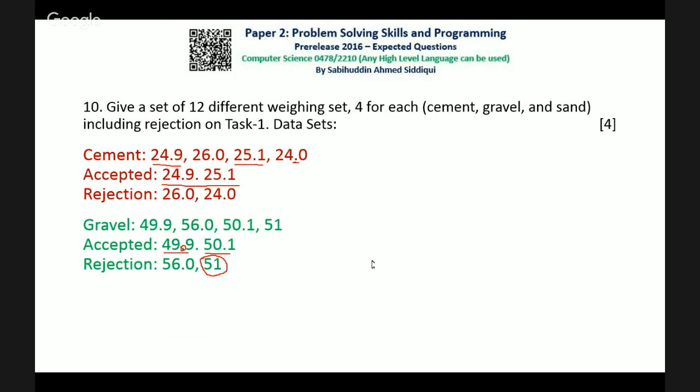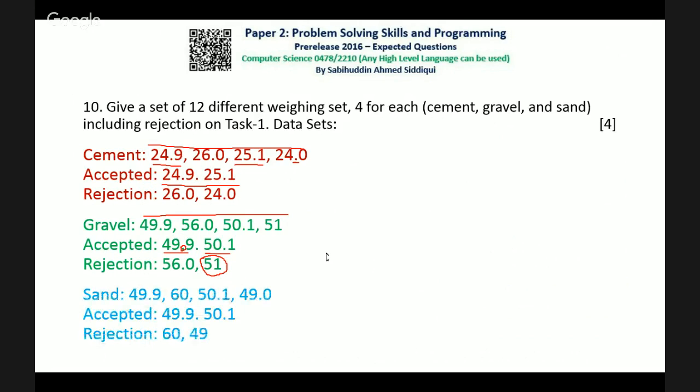So now the third set of data, 4 sets for each. You can see that this is the 4 sets for each, 1 2 3 4, and this is also 1 2 3 4, right? So now the third set is for sand, 49.9, 60, 50.1, 49.0, and the accepted data is 49.9 and 50.1. You can see the same thing appears here.